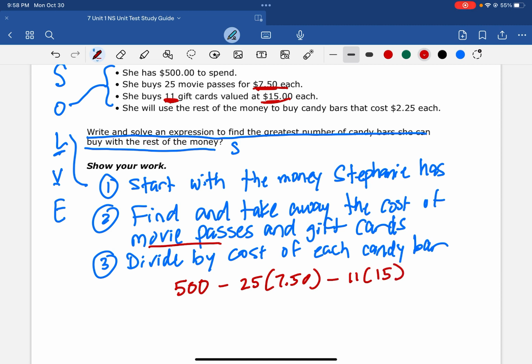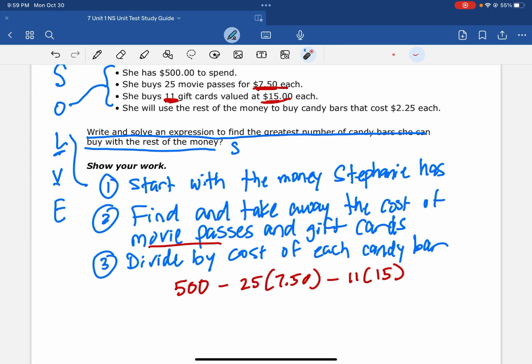And after I take away this here, let's backtrack. We're starting with Stephanie's $500. We're going to take away the cost of the movie passes. That's this here. After that, we're going to take away the cost of the gift cards. And again, that's this here. And we're going to take all of this and divide the result of this by $2.25.